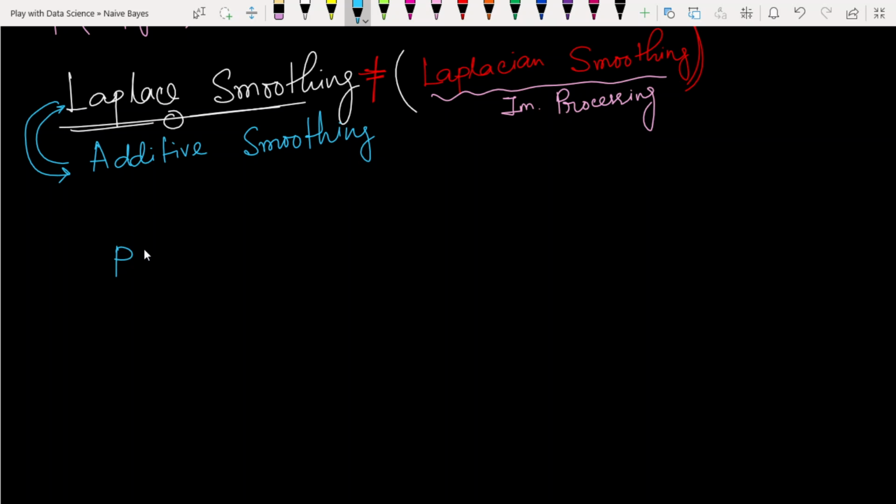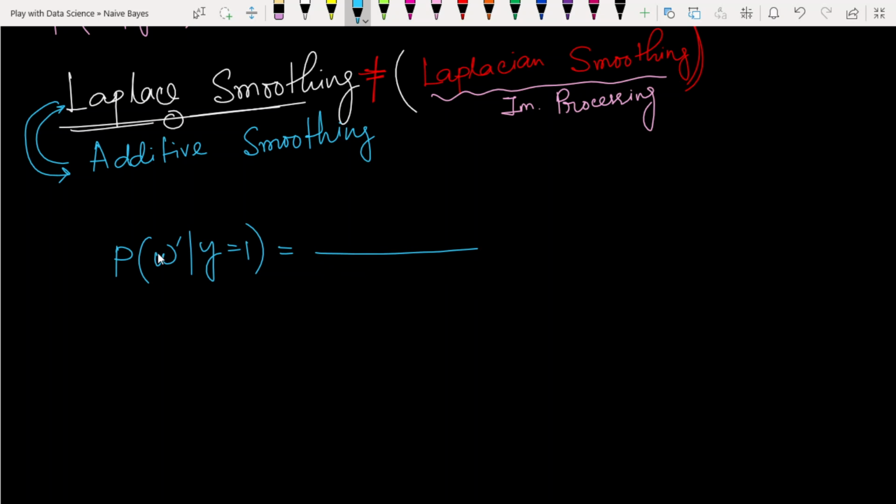So actually we are interested in calculating the probability of y dash for class label 1 as well as for class label 0. First, let's see how Laplace smoothing is applied for class label 1.